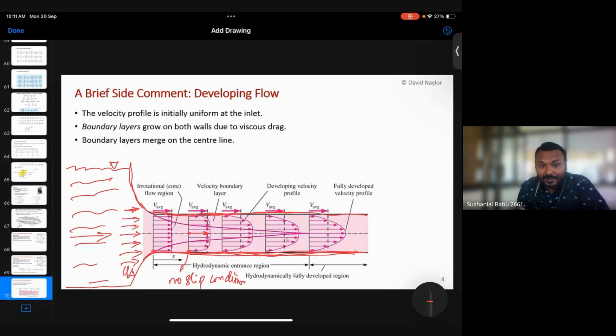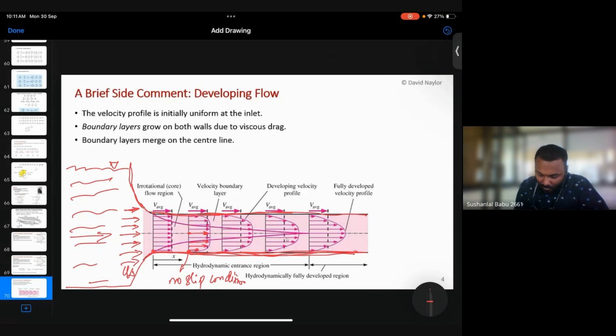So there is a difference in velocity at the surface and at the center. Here it is zero, and slowly the velocity gradually increases from that zero to the center velocity.